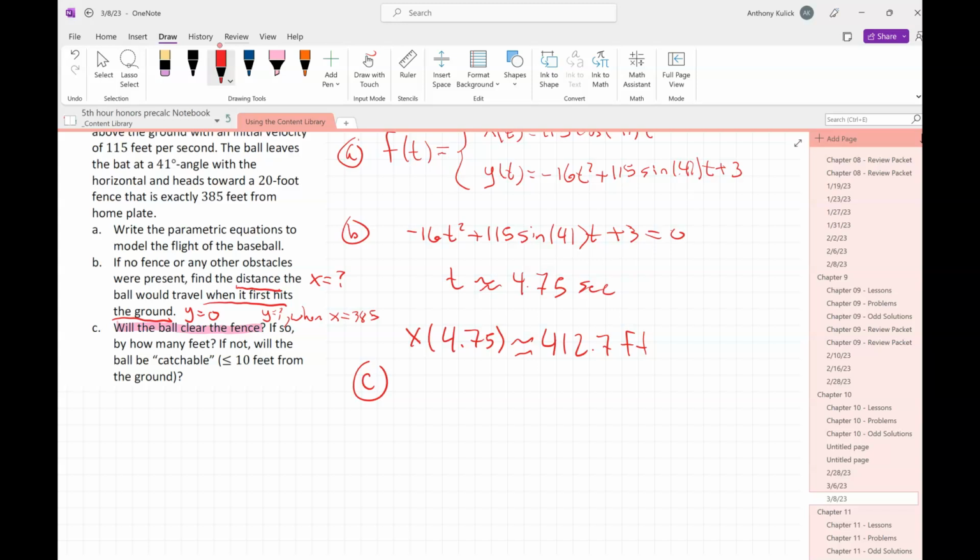So I'm going to be solving the x equation for t, and I'm going to plug that t into y to figure out the height of the ball when it reaches the fence. So 385 is equal to 115 cosine 41t. Divide both sides by 115 cosine 41. So that'll be my t.